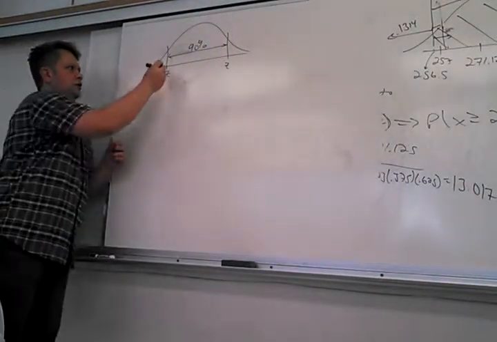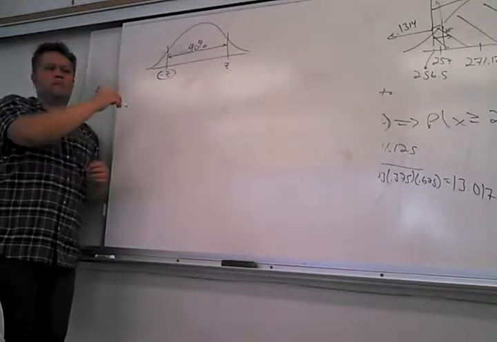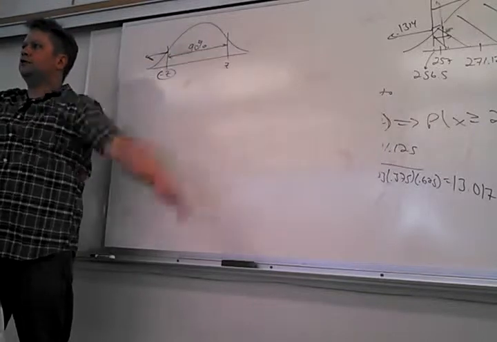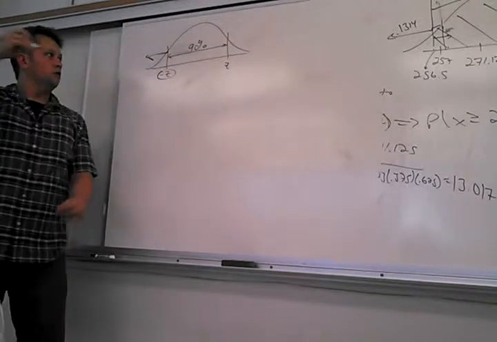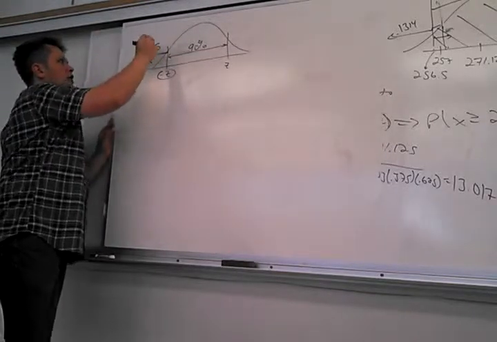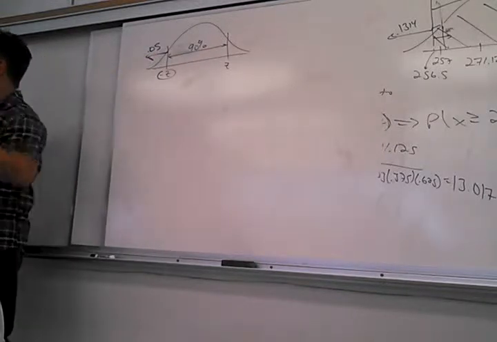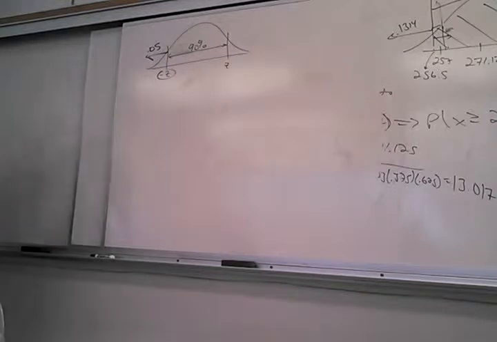For example, what's the area below this? 5%. I love it. There's 90% in there. There's 10% outside. There's 5% there. So now I've got it into a question that the chart will understand. If I look up 0.05, where do I look it up? I don't look at 0.05 in the z-score spots, because that's not a z-score.